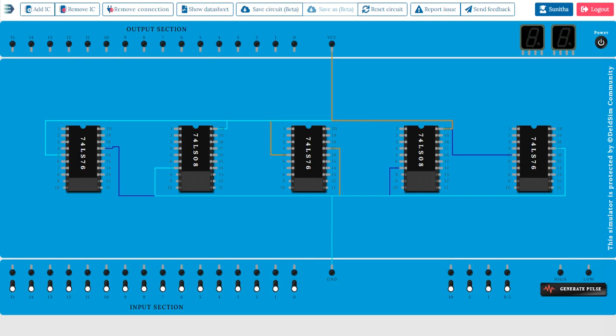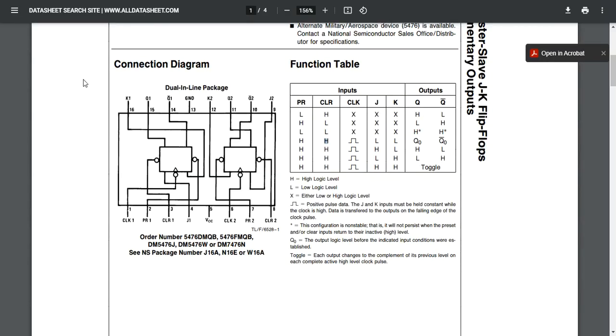As you already know from the data sheet, pin number 1, pin number 2 and pin number 3 are all considered to be negative edge triggered. So if you want this IC to work, you have to keep preset and clear high. If you make them low, it won't work.